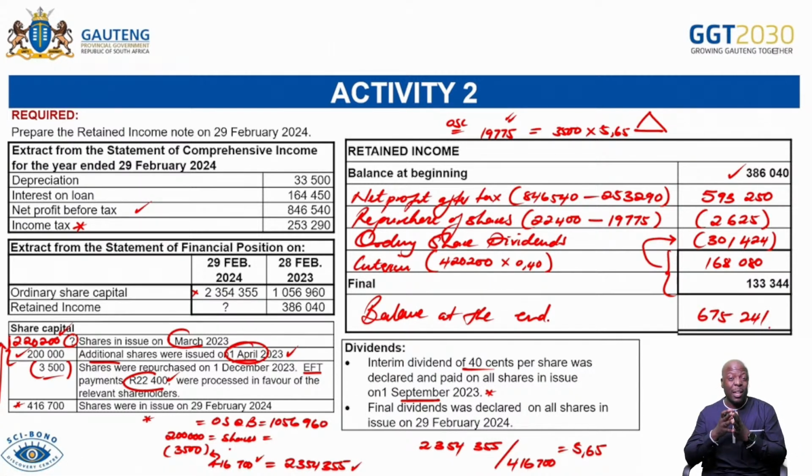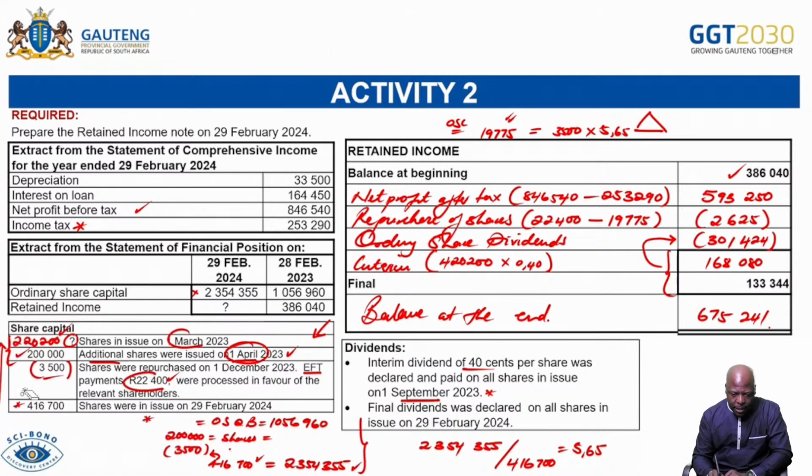Okay, so with this one, I tried as much as possible to avoid doing note number 7. And I just wanted us to do it right from this calculation over here. And I tried to do a mini note 7 here so that you can just see that if the repurchase is the last thing where you have your beginning, addition, and repurchase, let me explain that here.